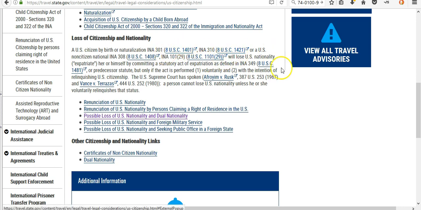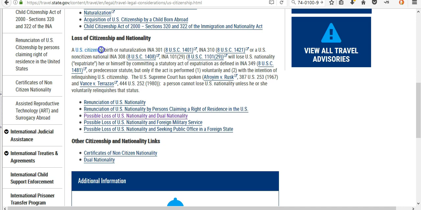You guys look this stuff up yourself. Or a U.S. non-citizen national, which is under 8 U.S.C. Section 1408. This is important because this is a huge misinterpretation.